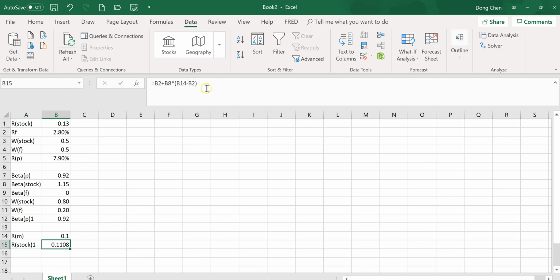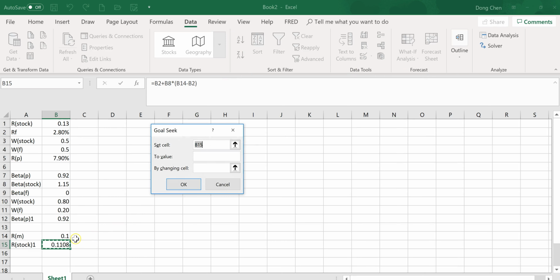Because I only arbitrarily assumed 10% to be the expected return on the market. But now I want to use Goal Seek to solve for the precise value of Rm, which makes this R stock 1 exactly equal to 13% by changing this cell.